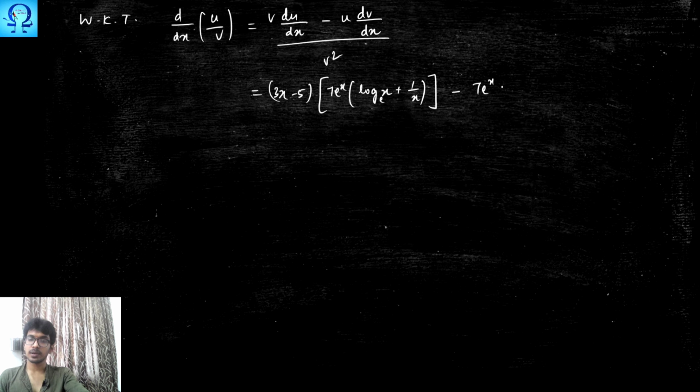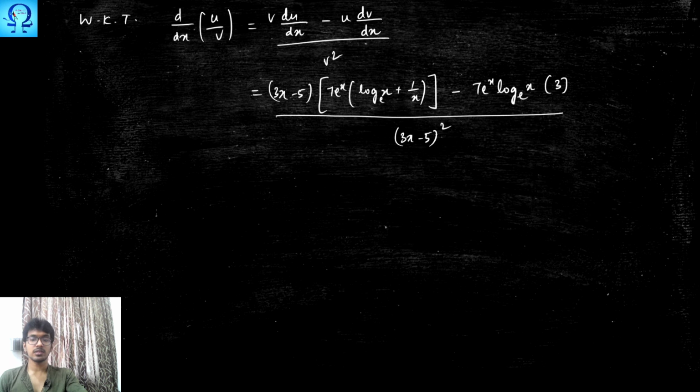That is 7 e power x log x, and dv upon dx is simply 3. Everything upon v square. What is v here? It is 3x minus 5, so we have 3x minus 5 whole square.